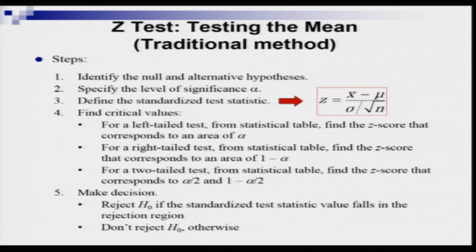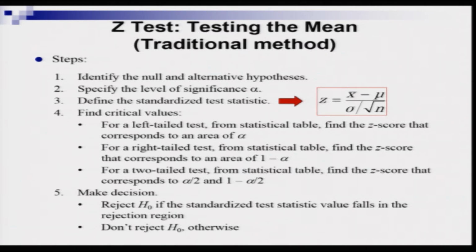So, here also you will see that finding critical values depends on the nature of the alternative hypothesis, and the rule changes as you have a left tail test, or a right tail test, or a two tail test. So, why do we need to find critical values? Because in the traditional method, what are we doing?